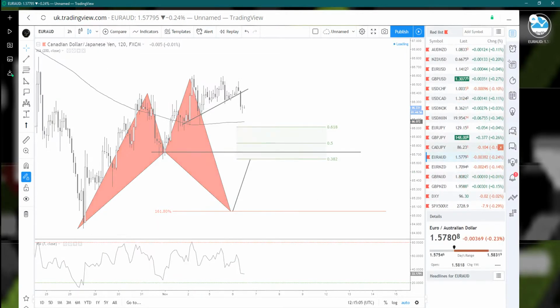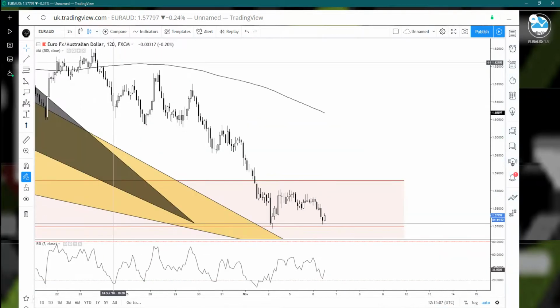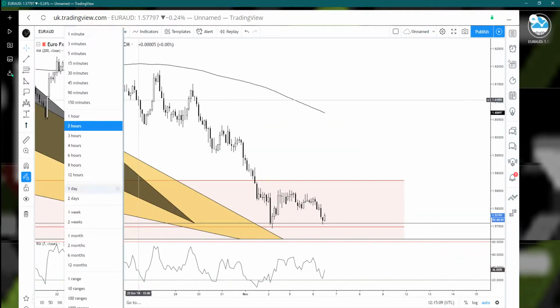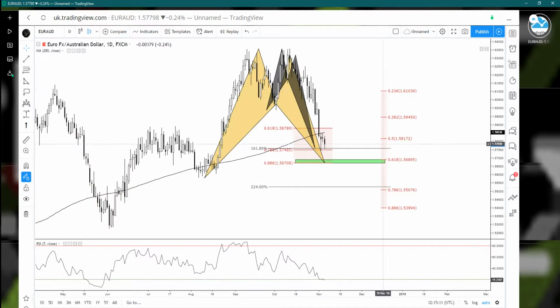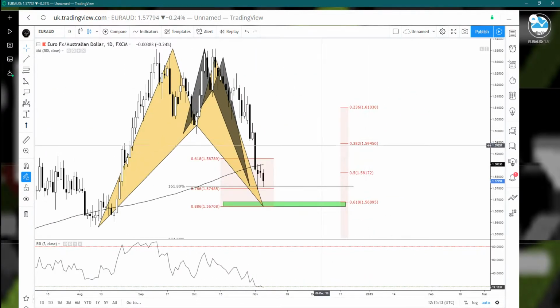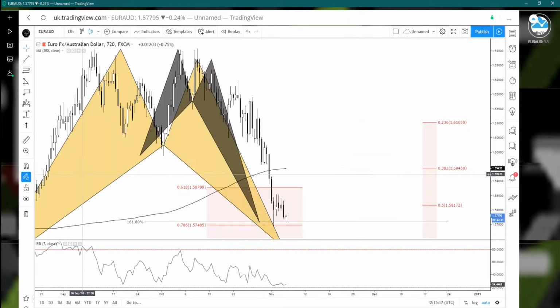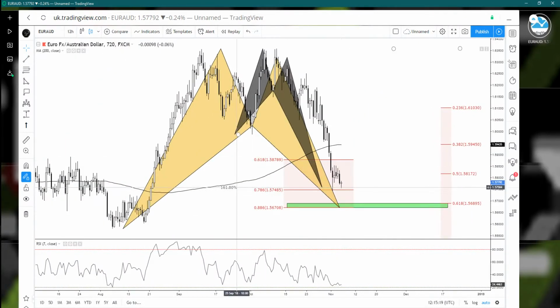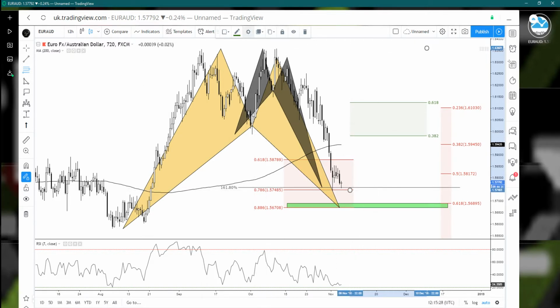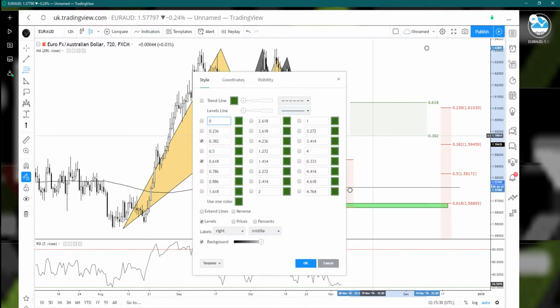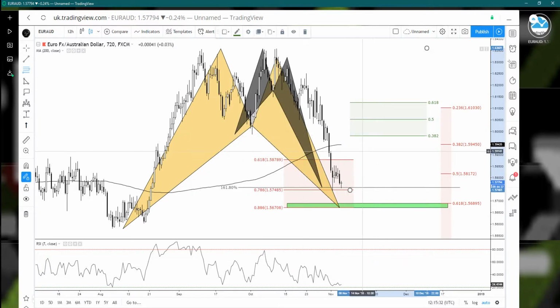Euro versus Aussie. Interesting chart here, because we are now trading the bullish shark pattern at 1618 extension. So this is the entry point for a potential bullish shark pattern that usually will search for targets between the 38, as I mentioned before, and the 50% retracement.